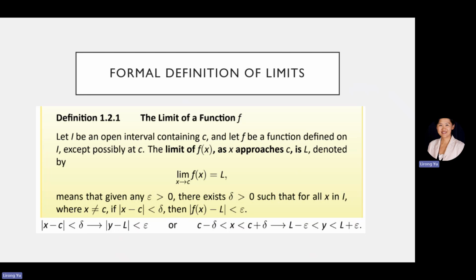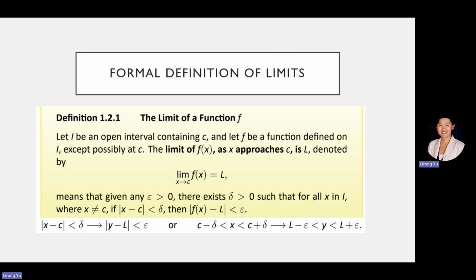The same thing happens to the x value relation: |x - c| < delta. It means x and c are very close. So we would say x is less than c plus delta, but bigger than c minus delta.